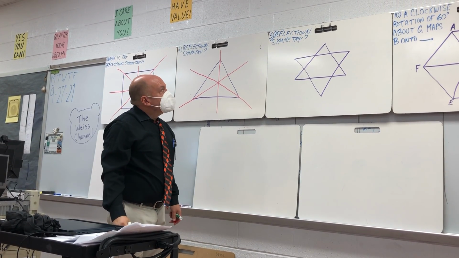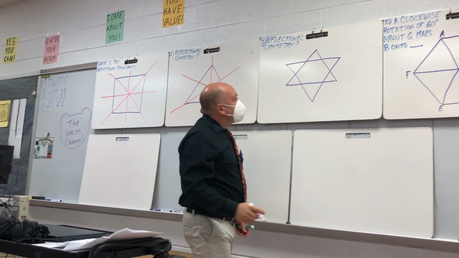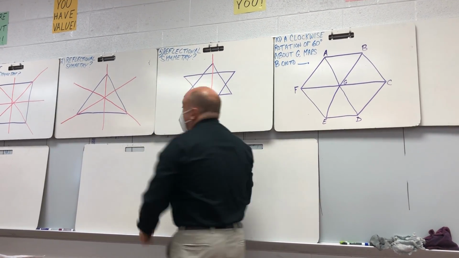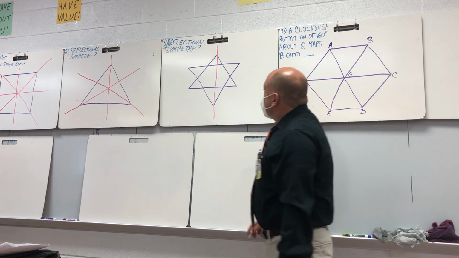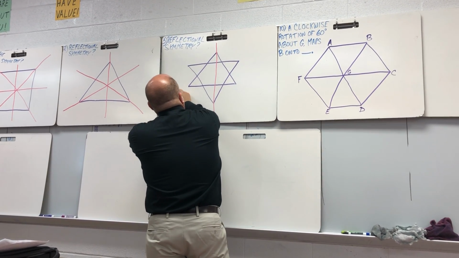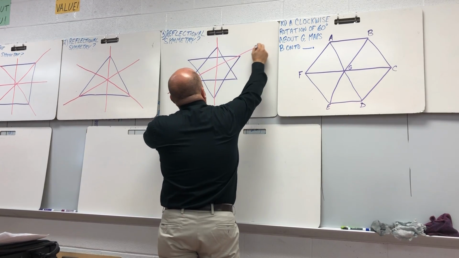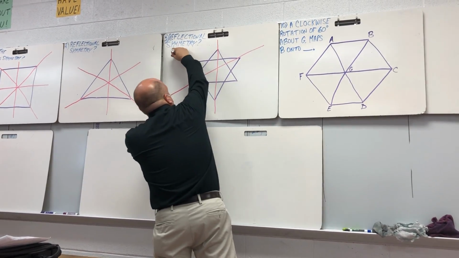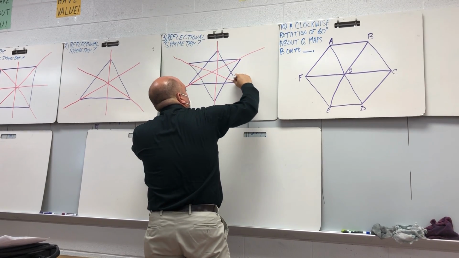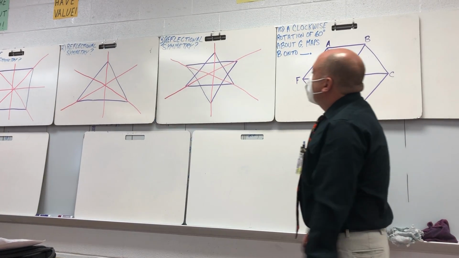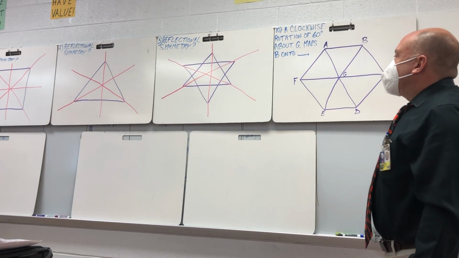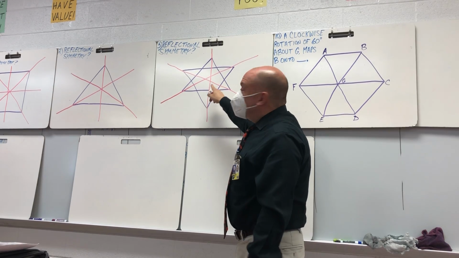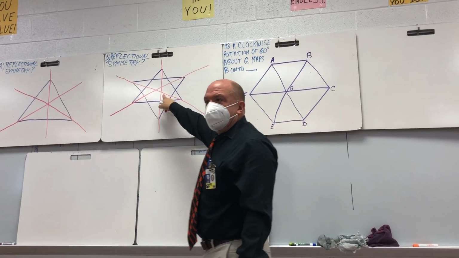Okay? What about here? There's symmetry there, right? Here. There. Sorry, it's not drawn perfectly. If I drew this perfectly, these would cross at the exact same point.